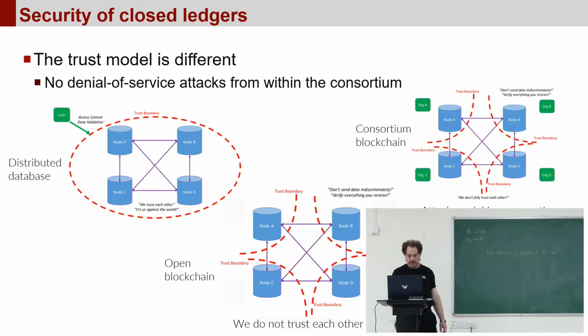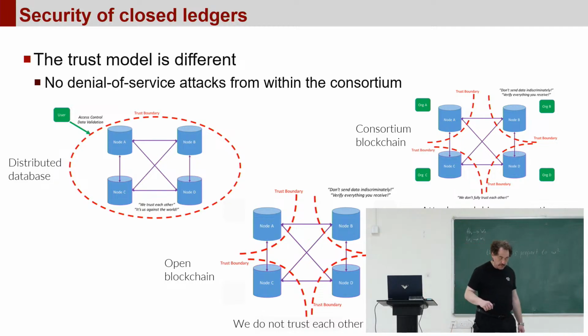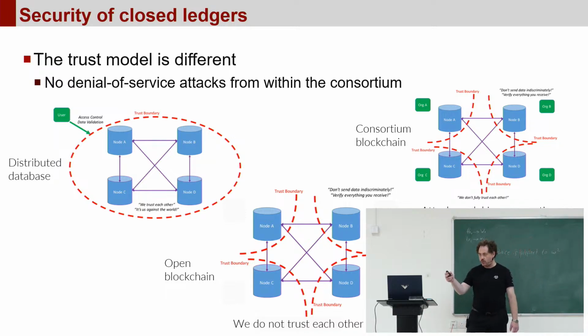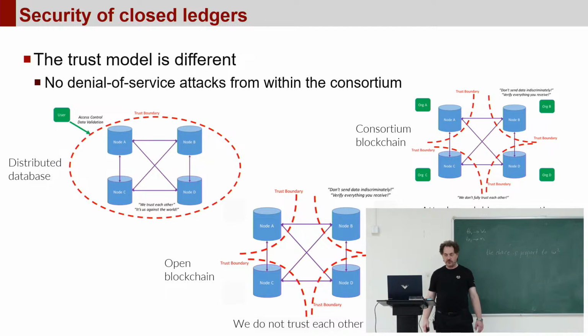But the model between consortium blockchain and open blockchain is different. The attack model in the consortium environment may include bugs, hacks, misconfiguration, priority responses. All of this is covered by Byzantine behavior. So protocols such as Smart BFT in Fabric or PBFT, which Fabric was using in the past, the classic BFT protocols, cover all of those attacks. They protect against all of them.